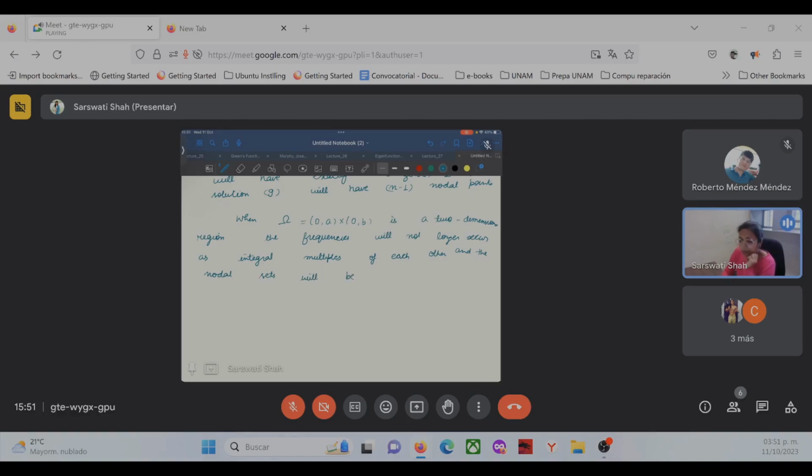So this will be a problem in your assignment. You are going to solve it when it is two-dimensional.